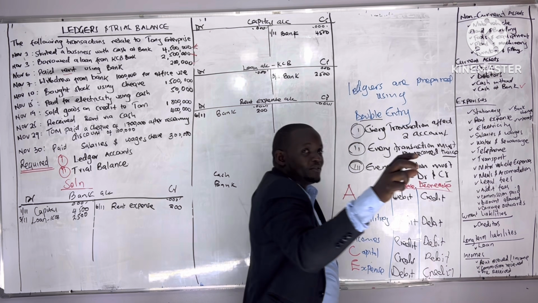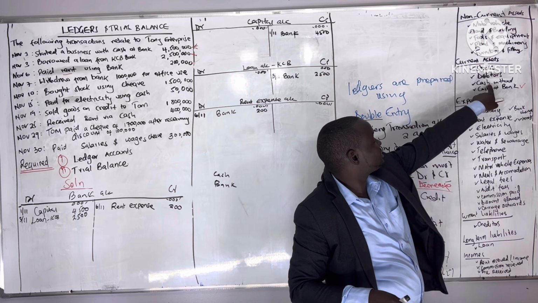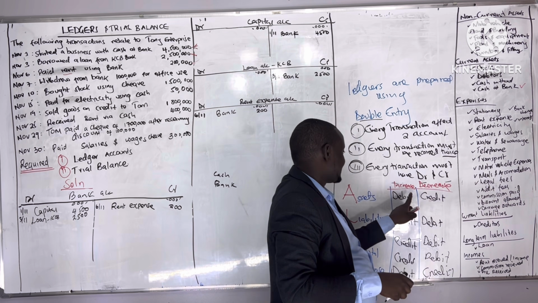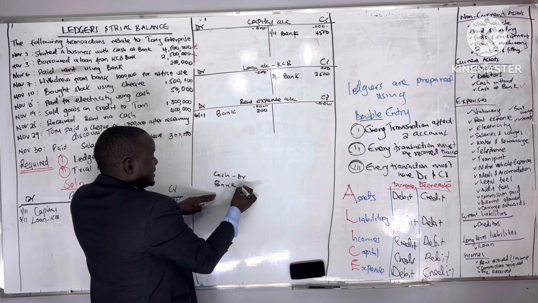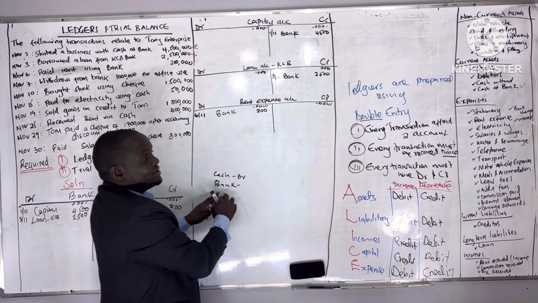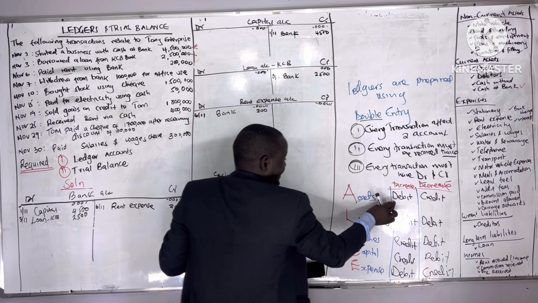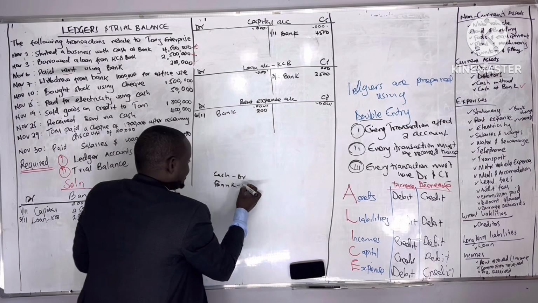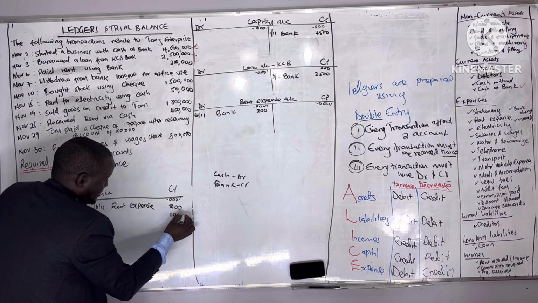When you withdraw money from the bank and put it in cash, there is an increase in cash. Increase in asset is a debit, so we debit cash. The bank is losing money and it is an asset. Decrease in asset is a credit, so we'll credit bank.